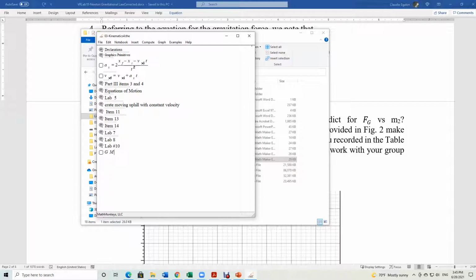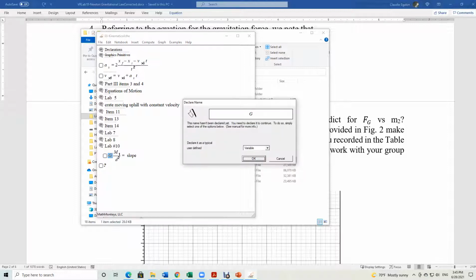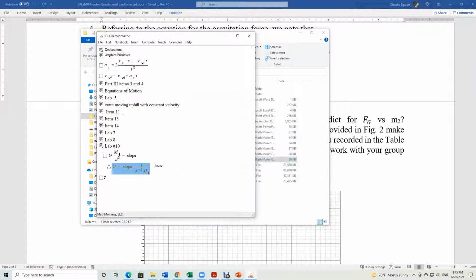G M1 divided by D squared must be equal to the slope that we got from the graph. Okay, and we want to find out this value here, G. This G is going to be my experimental G, because we performed the experiment to find the slope value.